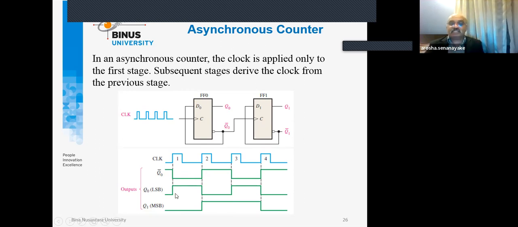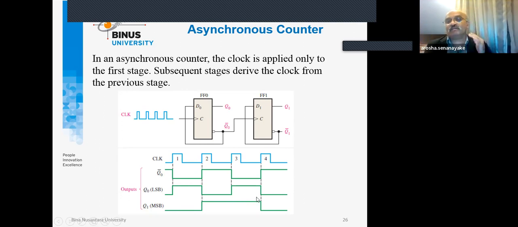So in that manner, of course, the least significant bit and the most significant bit we can manipulate. Q0 will be changing like this, and Q1, the more significant bit, will be like this.